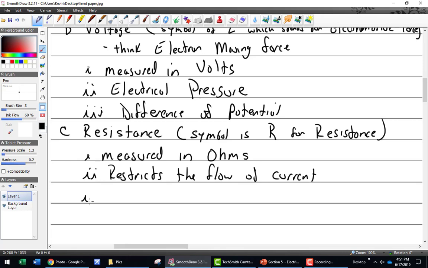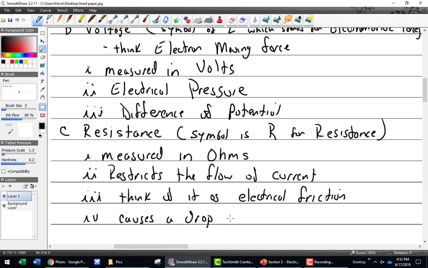We could think of it as electrical friction. And not only does it restrict the flow of current, but it also causes a drop or loss of voltage.